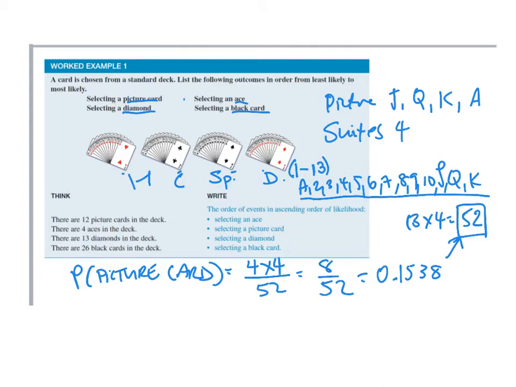Second one, let's do ace, the probability of selecting an ace randomly from a pack of cards. There are 4 aces out of 52, so we divide 4 by 52, which equals 0.0769.